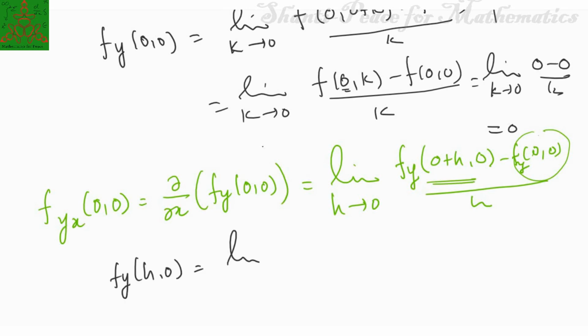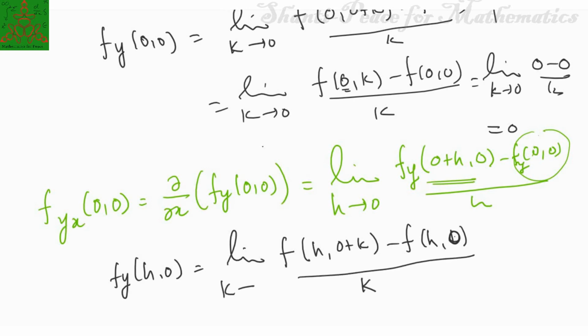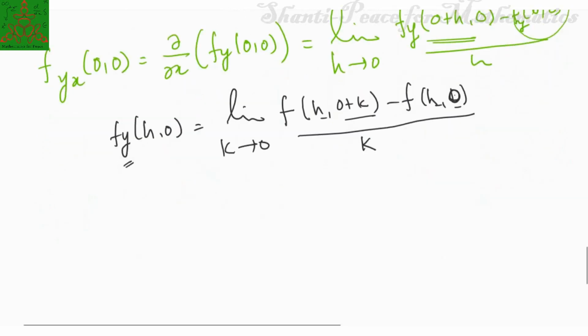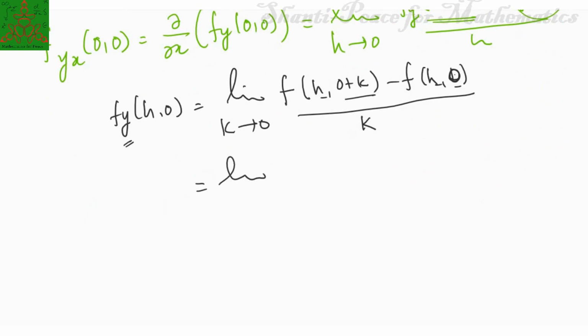That is limit of f at (h, 0 plus k) minus f at (h, 0), upon k, as k tends to 0, because here it is the derivative of f with respect to y, so it is change in y only, and x remains x. So this is limit k tends to 0.